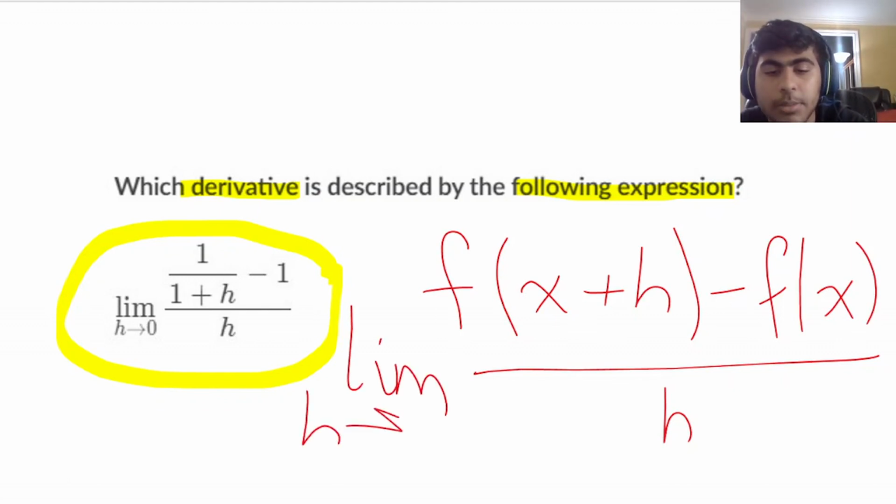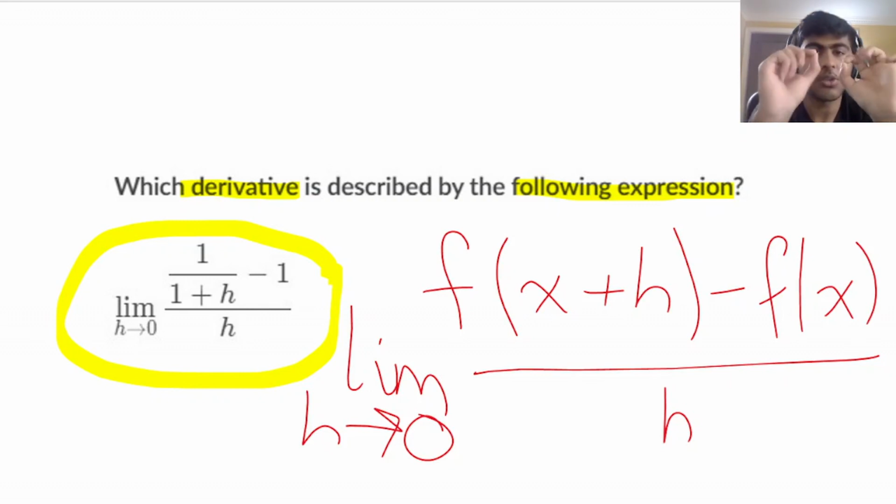Now, f of x plus h minus f of x over h as the limit as h approaches 0. What that should remind you of is the average rate of change in the secant line we did, except that we're taking it between really two close points, right? We have two really close points. And instead of giving us a slope over a lot of points, that gives us an instantaneous slope. We already discussed this, right? This is just the derivative.